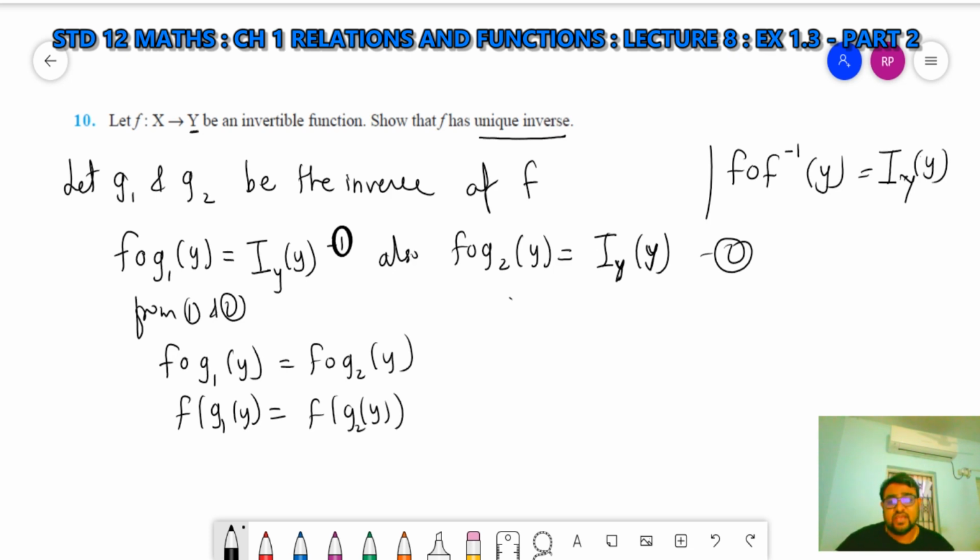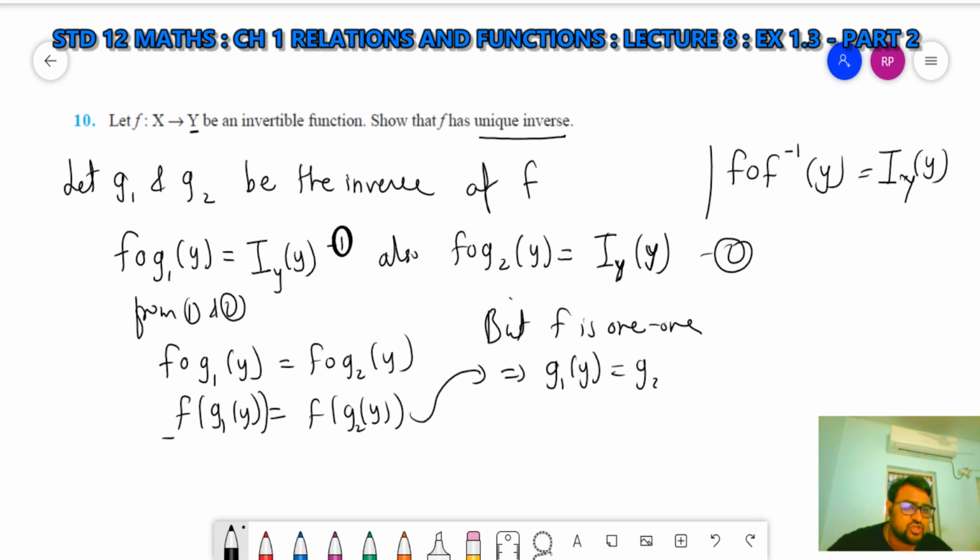Okay. Now see, f is one-one and onto. How? It is given f is an invertible function. That means f is a one-one function. Now f is one-one means f of x1 equal to f of x2 implies x1 equal to x2. So f of g1 y equal to f of g2 y implies g1 y is equal to g2 y.